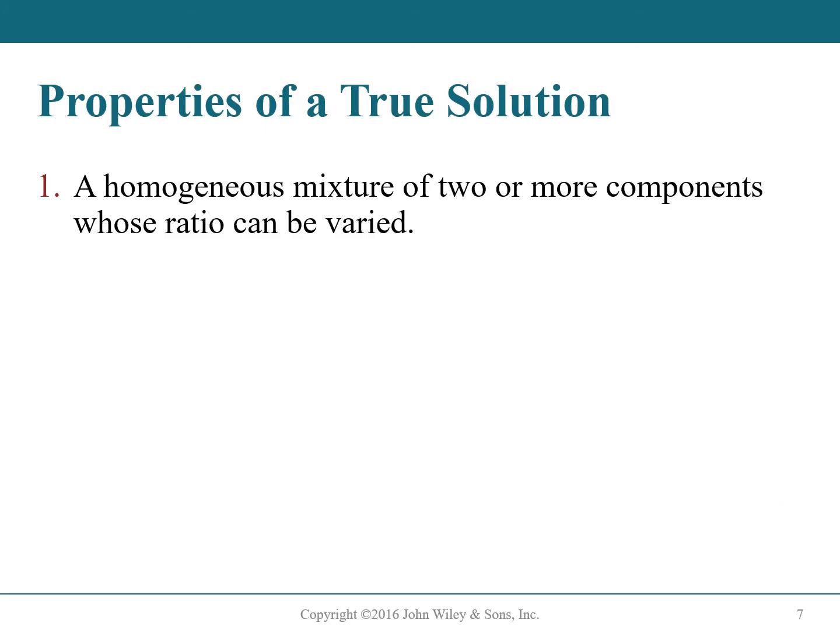Okay, what about these solutions? How do I know it's a homogeneous solution? And we talked about that before, where the solutes were uniformly distributed. Now remember, when we talk about solutions, it's a homogeneous mixture, so we have variable concentrations of components.